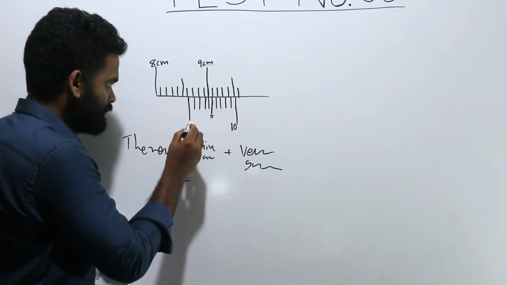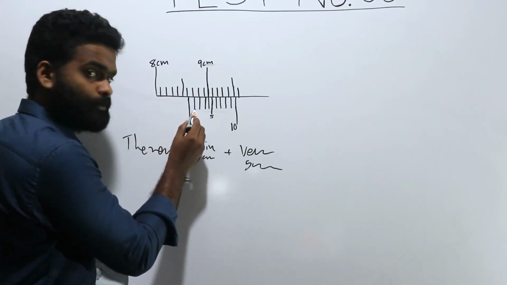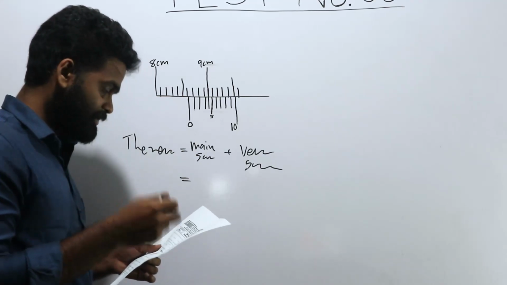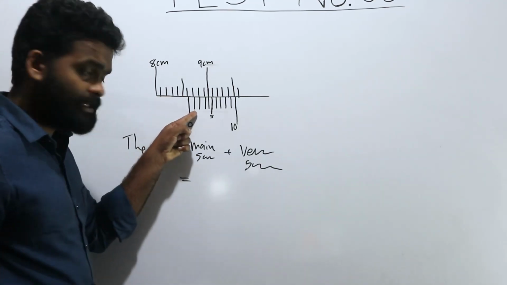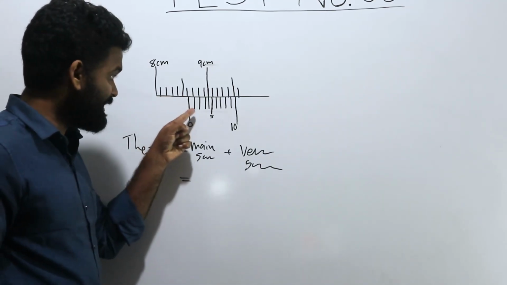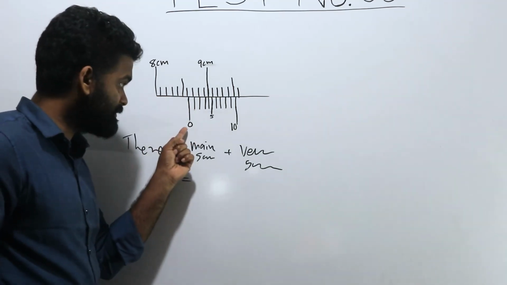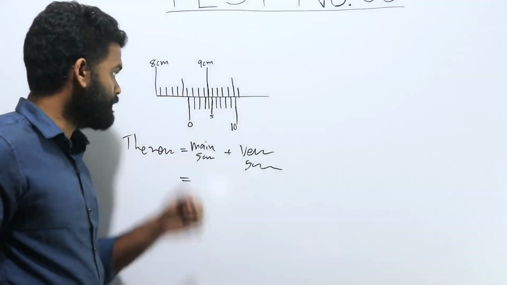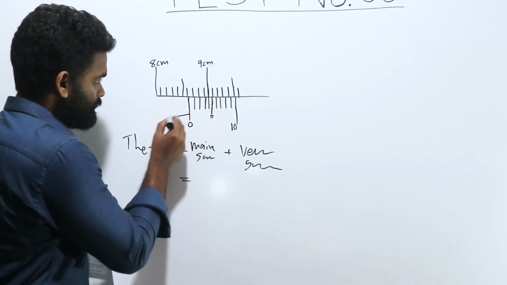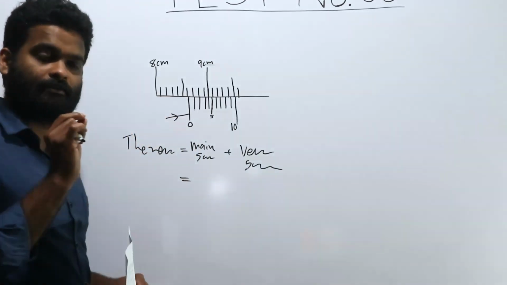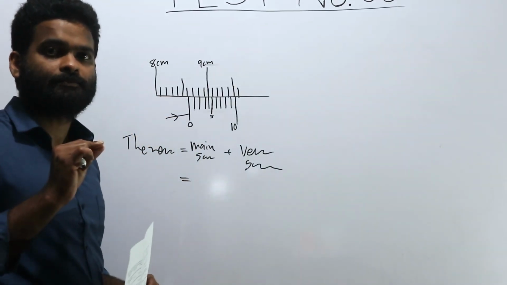So the zero mark should be this point, not this point. In the question, a mark is shown here, but it is not the zero mark. The zero mark is this. Okay, now we know. So that is the first step, to figure out the zero mark.